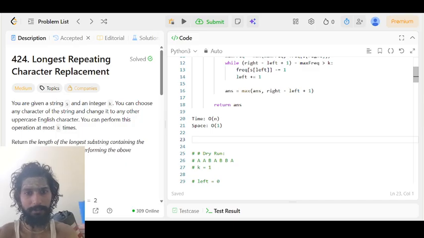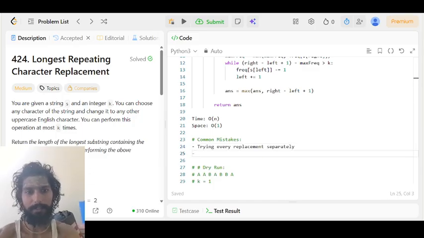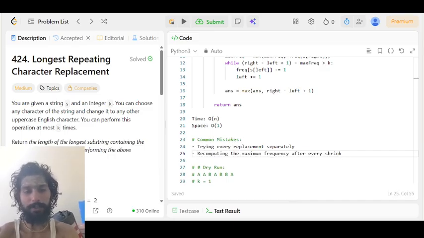First mistake is trying every replacement separately. That becomes exponential. Second mistake is recomputing the maximum frequency after every shrink. This makes the solution slower.